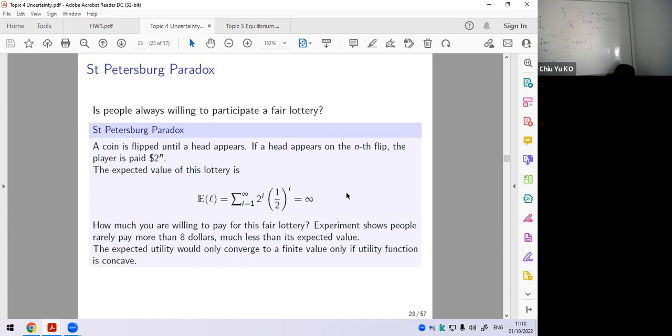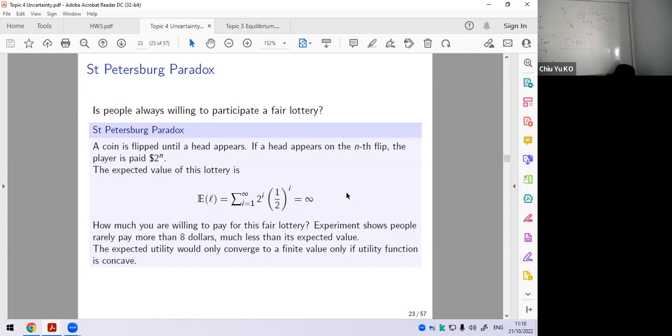The second one goes to the idea that motivated what we call expected utility theory. Although we have expected utility theory, it is not something that came from nowhere. It actually comes from the old St. Petersburg paradox.